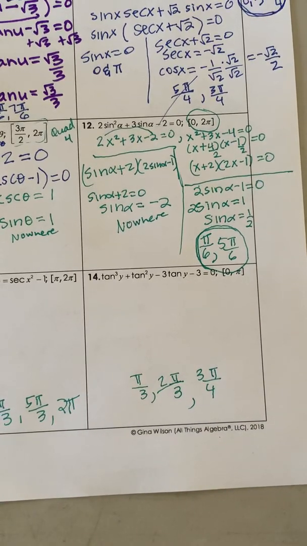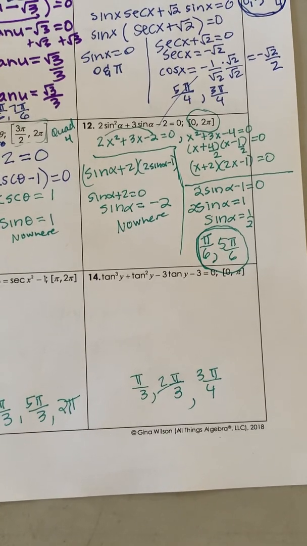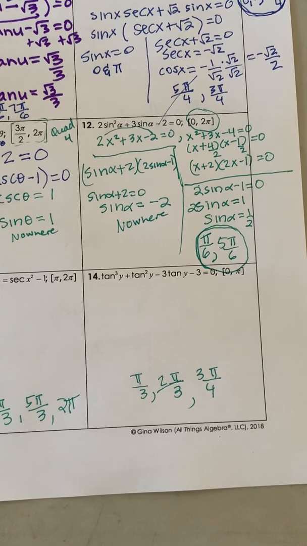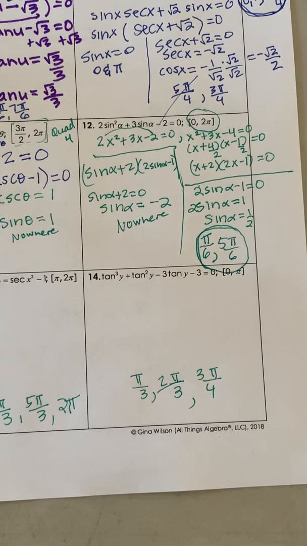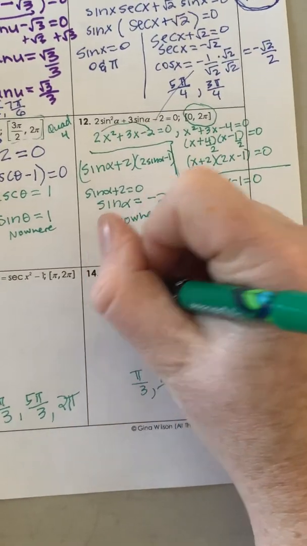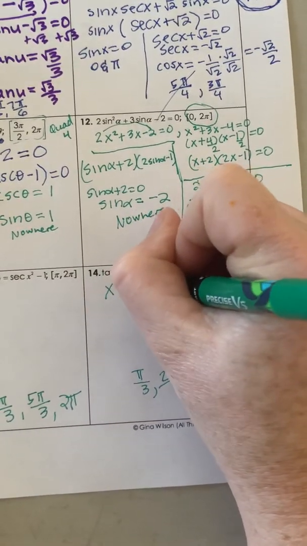So you try those, and if you need help, you can ask during class. Oh, I don't know that you're going to know how to do 14. 14's factoring by grouping. If you think you got it, you can stop.